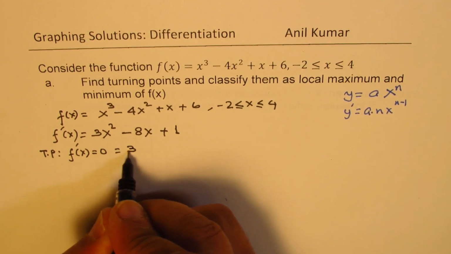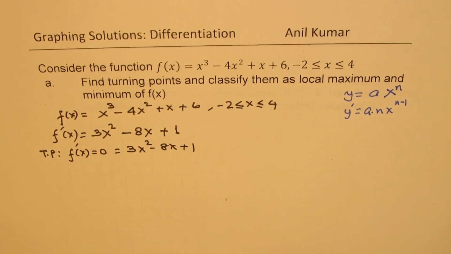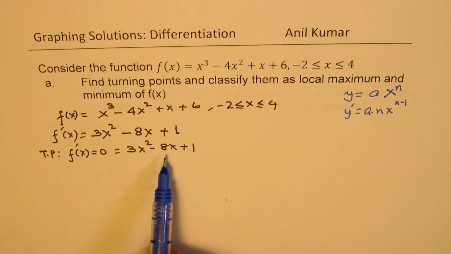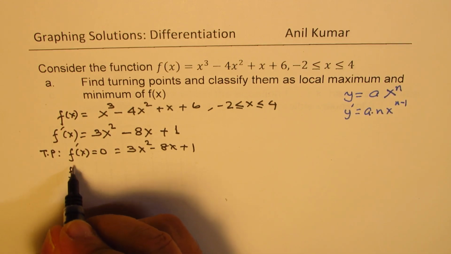That means that 3x squared minus 8x plus 1 should be 0. Now 3x squared minus 8x plus 1 can only be 0 at the turning point. So let's see how to figure this out. But before that, let me also find the second derivative, since we might just need it, right?